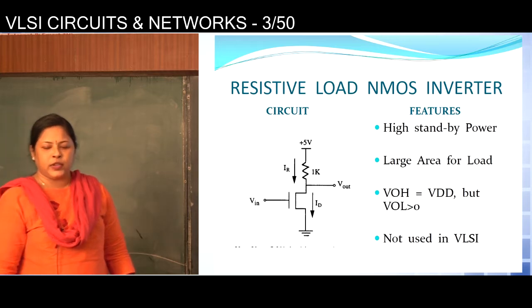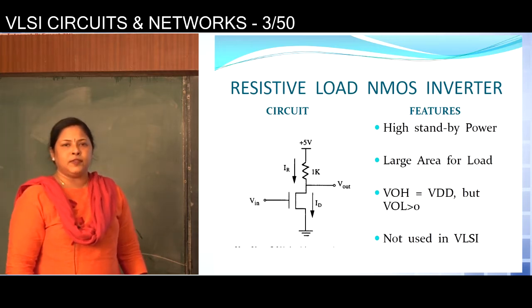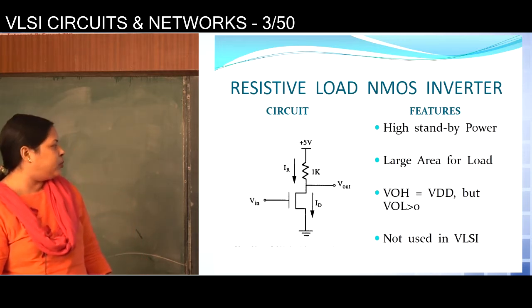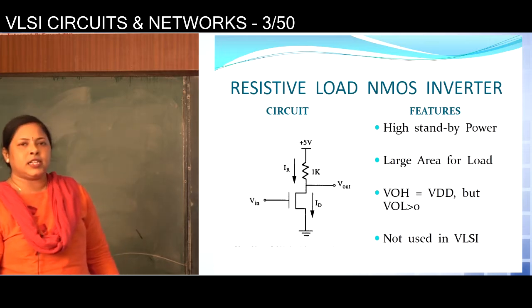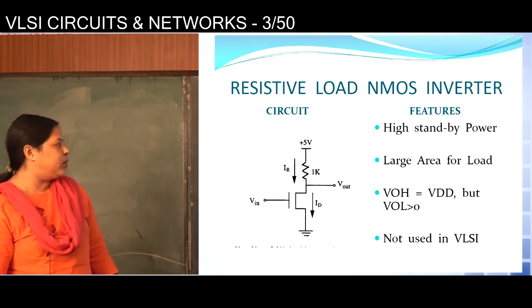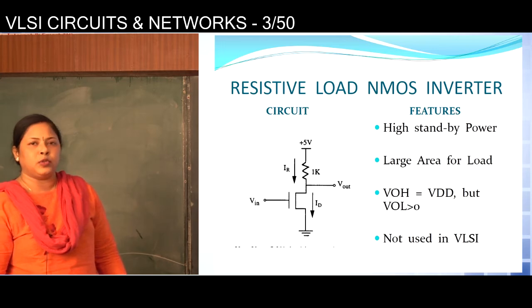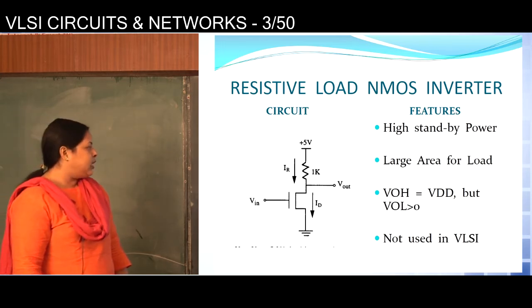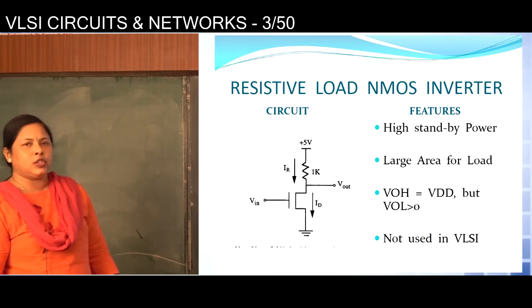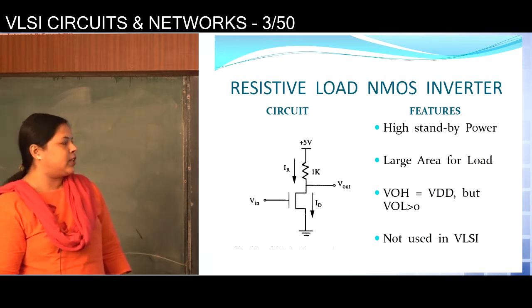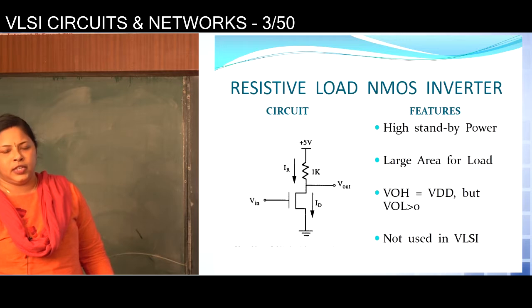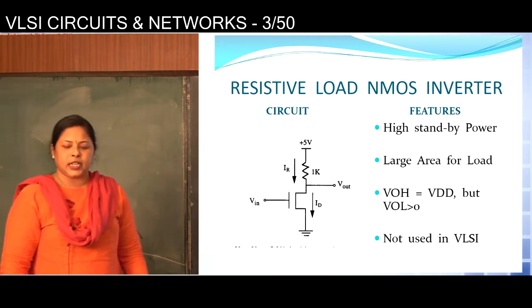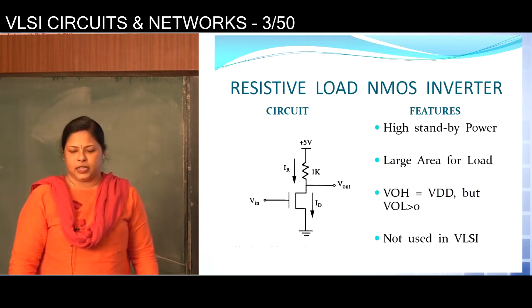So this circuit will also work as inverter, because when input is high the transistor will conduct and output will become 0, because output will be connected with the ground, and when input is 0 then NMOS transistor is off, so output will be connected with 5 volt or VDD. So in this way this circuit will work as an inverter circuit.